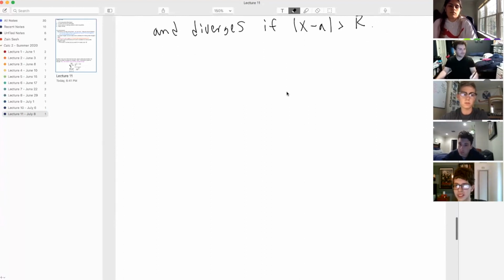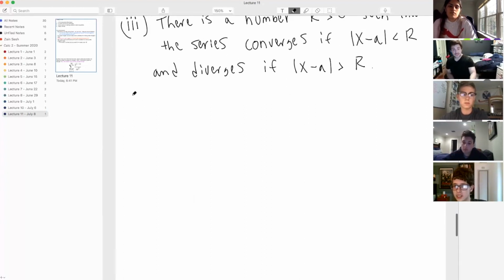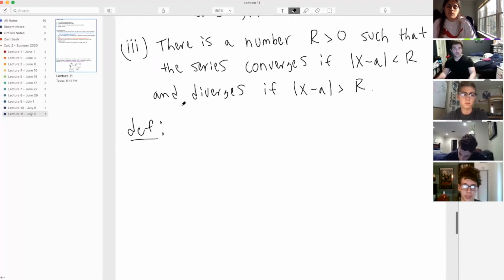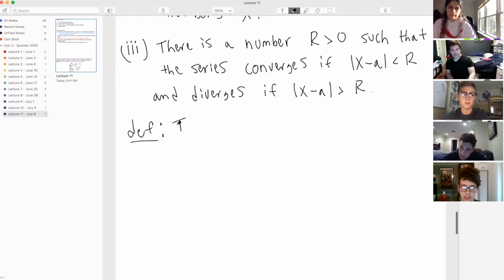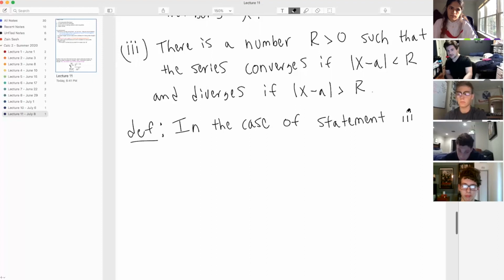So now we have just a few definitions, and then we'll get to examples. In the case of statement 3 of the theorem, we just want to attach a piece of terminology to the number r.